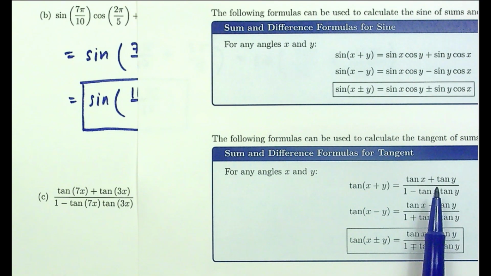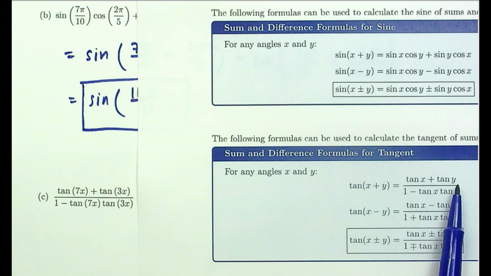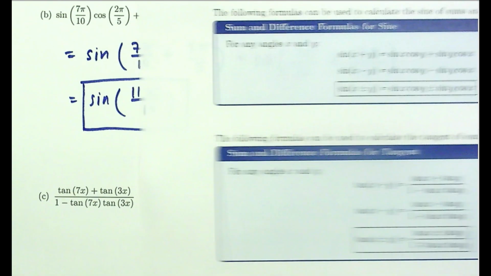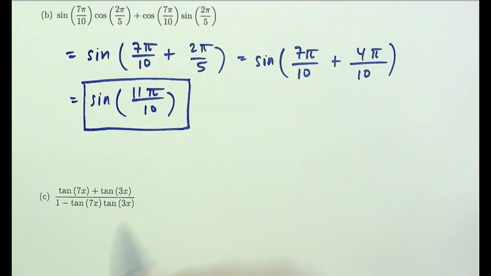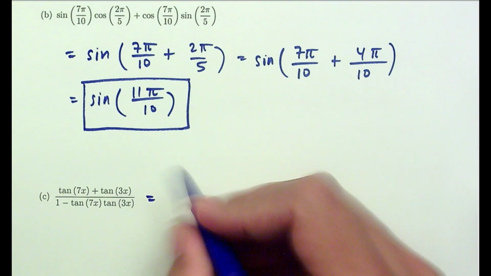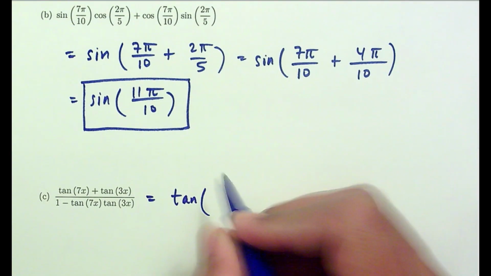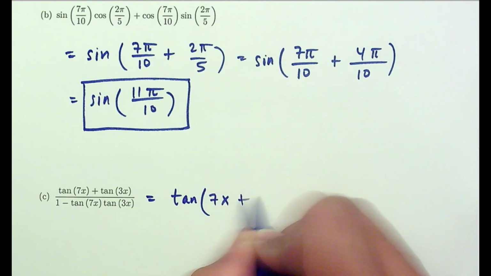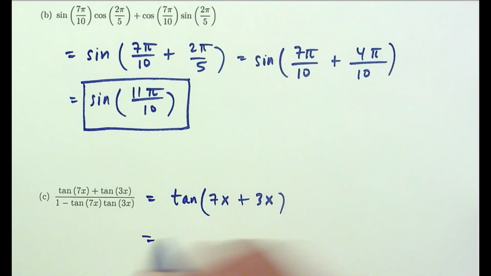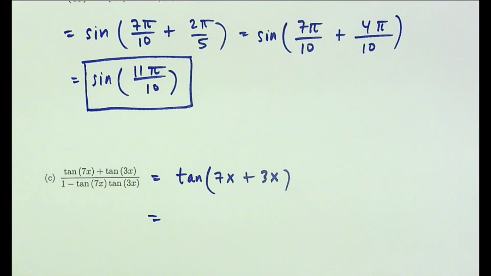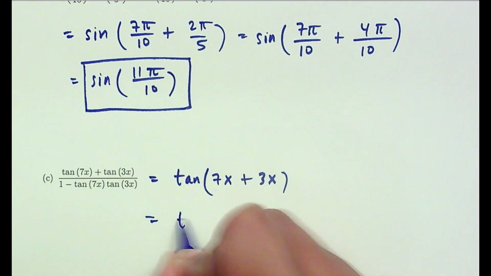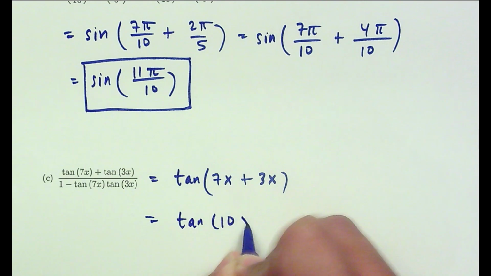On top it's a plus, and a minus on bottom. You have something, something else, and then in the same order, you have the same thing. So it's a sum inside a tangent. So simplifying, this is equal to the sum of those two angles inside the tangent. So 7x plus 3x. And simplifying that, that is just tangent of 10x. That's the end.